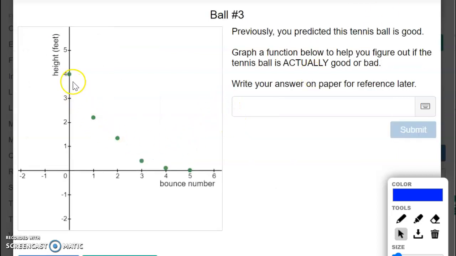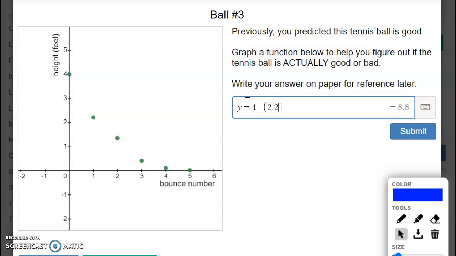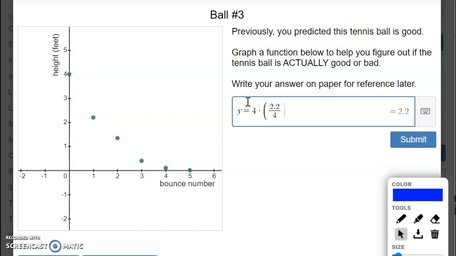Okay, what about this? I can say this is y is equal to 4 times, okay, when I just look at this number, it looks to me like 2.2 divided by 4, so I am going to do the same thing. And then raise to the power of x.